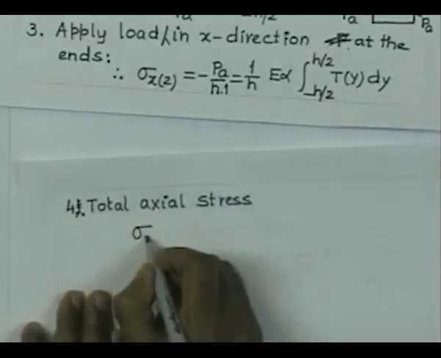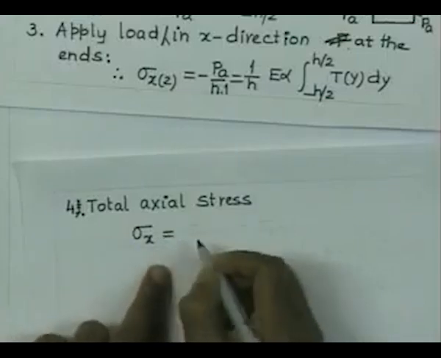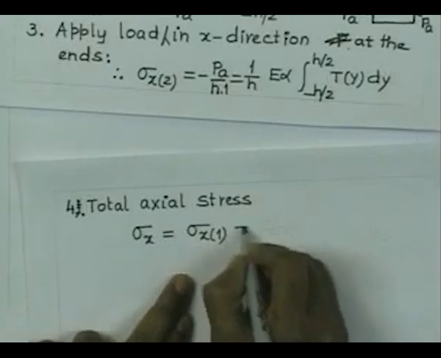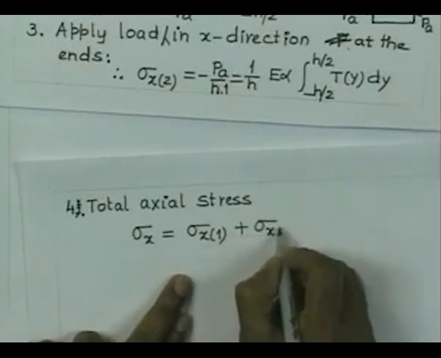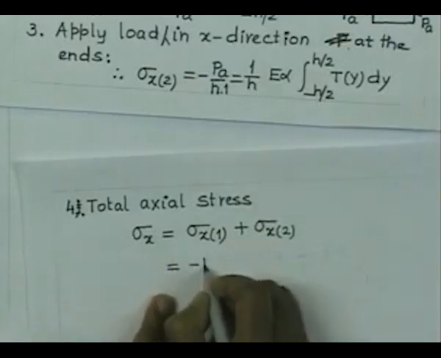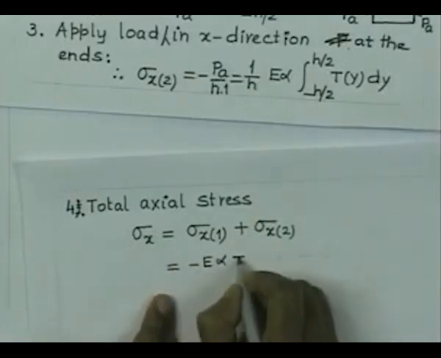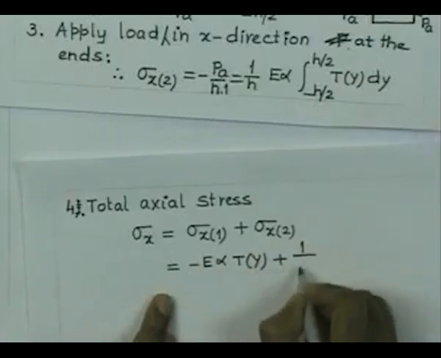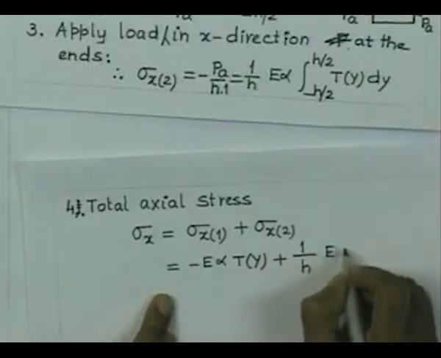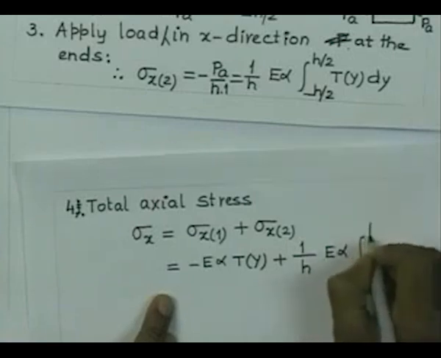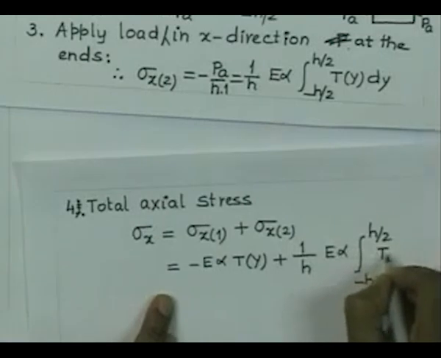So, therefore, that is sigma x total, we will write sigma x only is equal to sigma x1 plus sigma x2, and this is therefore, on substitution of the values, E alpha Ty plus 1 by h E alpha integral from minus h by 2 to plus h by 2 of Ty dy.